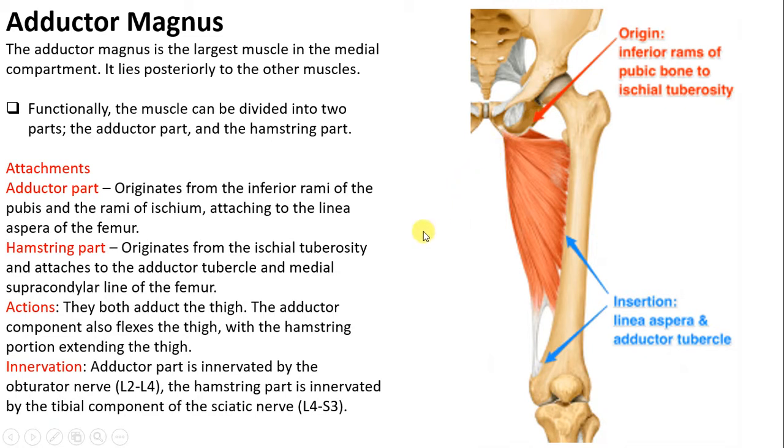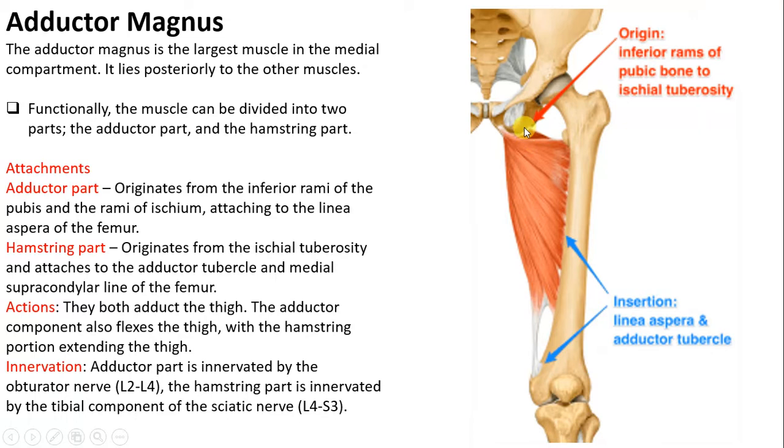So it has two parts: the adductor part from the inferior rami of the pubis and rami of the ischium, attaching to the linea aspera here, and the hamstring part from the ischial tuberosity.